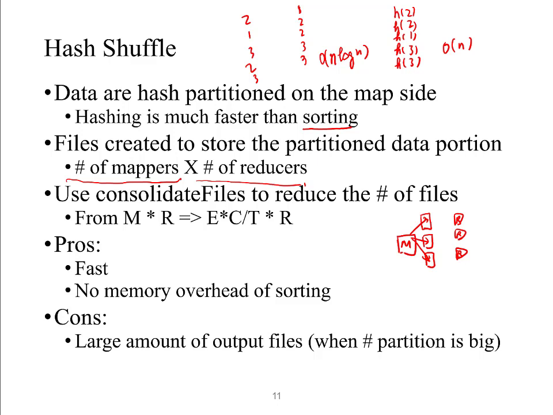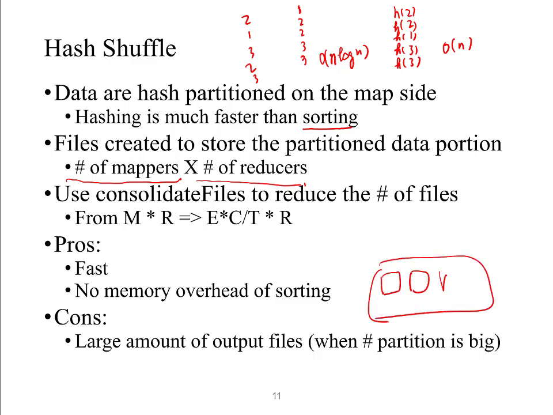Then when a map task starts outputting the data, it requests a group of R files from this pool. So basically, it's like we have a pool of R files here.